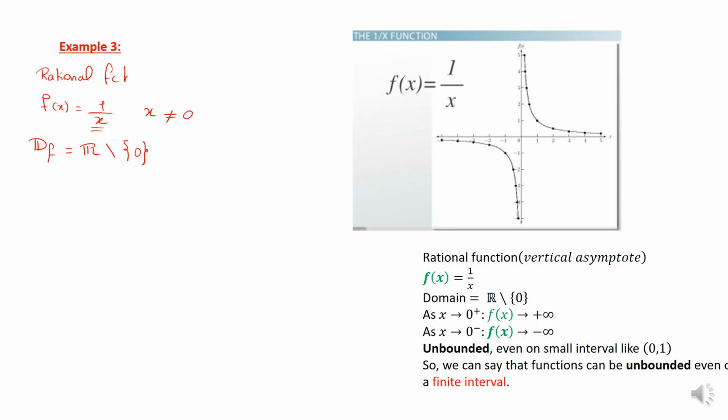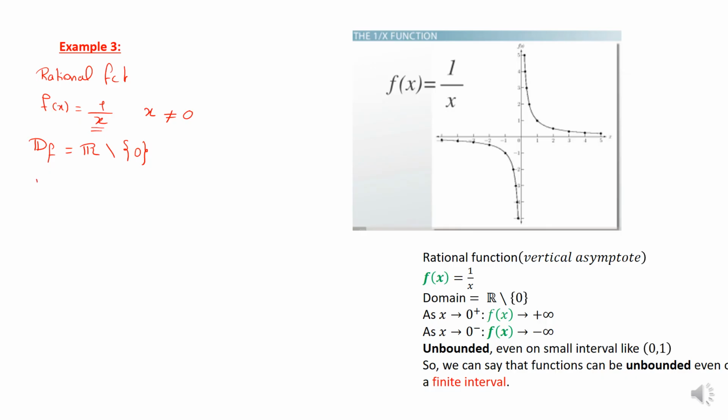Take a look at the graph of the function here. You will see that the function is not continuous. It has two curves. As x tends to 0 plus, the function will go to plus infinity, and as x tends to 0 minus, the function tends to negative infinity. So let's write this down.